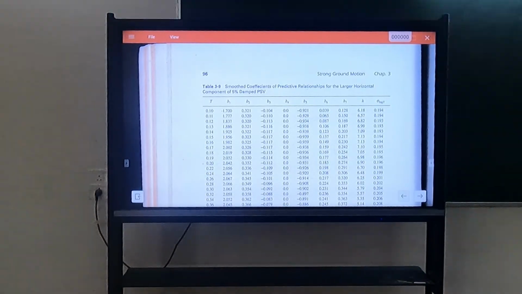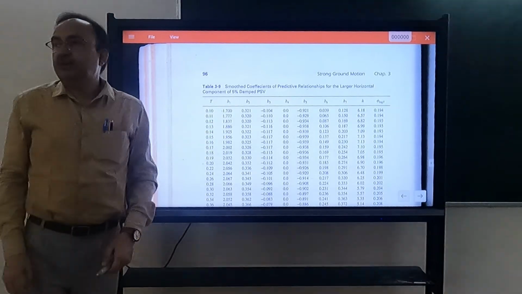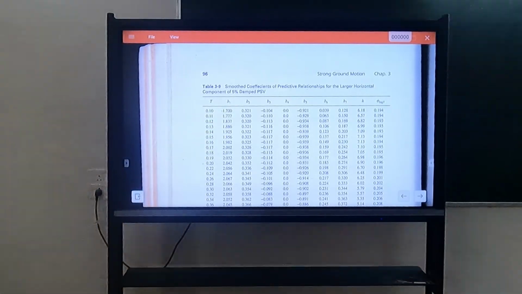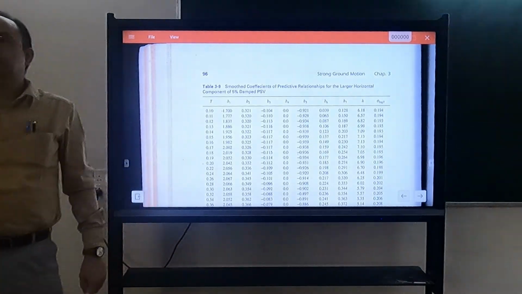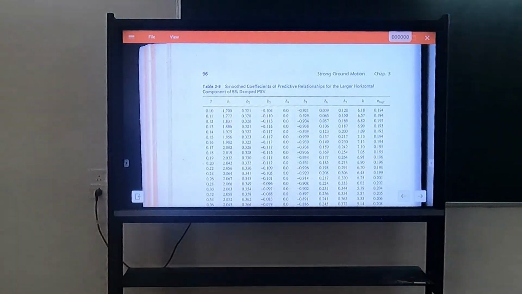How will we get it? This you will multiply by omega, or 2 pi by T. So using this relationship, you can calculate the spectral velocity at different periods. Plot those, you will get the velocity spectrum, convert that into the acceleration spectrum.